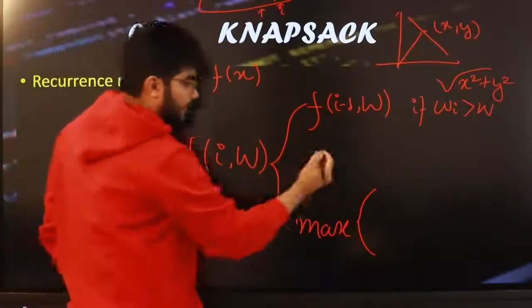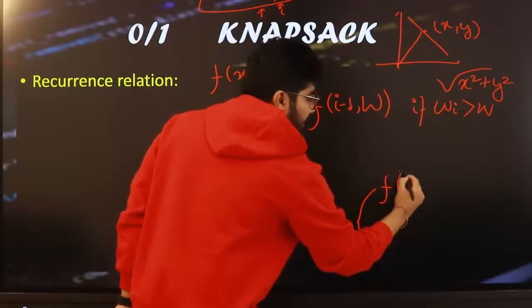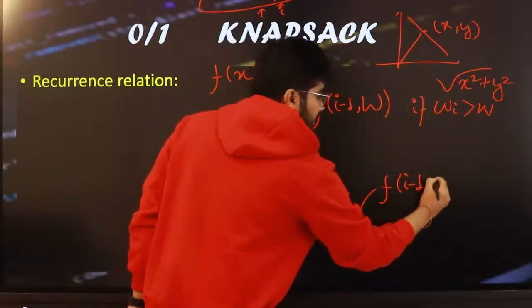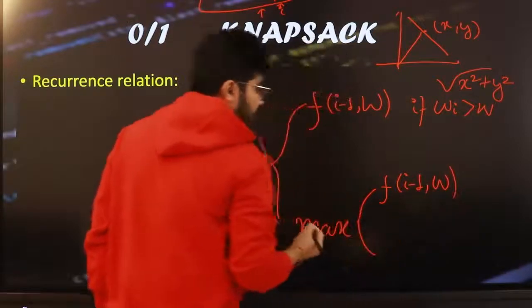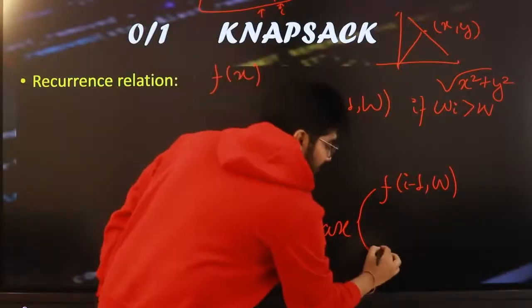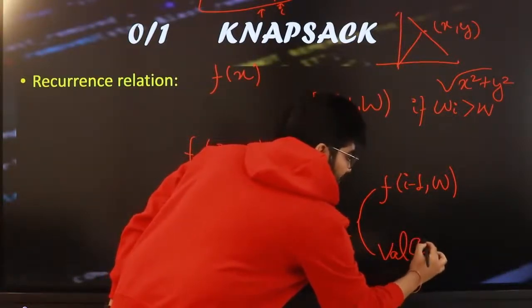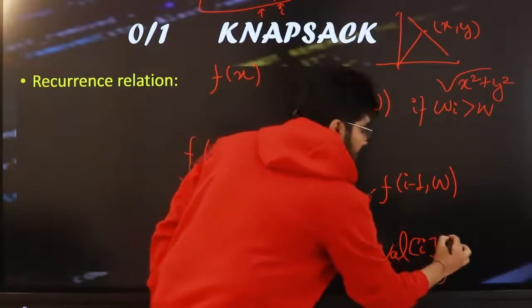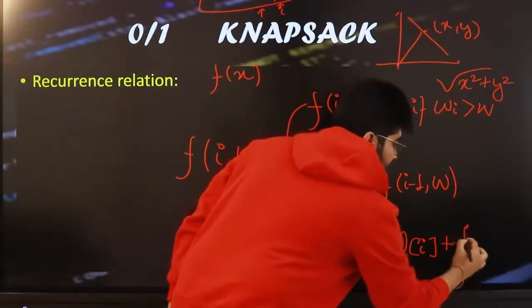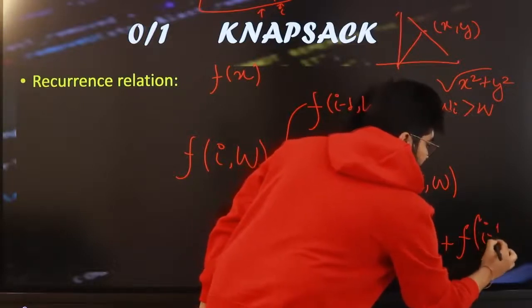If we don't include that particular item, then we'll simply move to the next item, and our weight will remain the same. But what if we include this item? If we include this item, then you will get the profit that we are generating from this item, plus you will check the rest of the items and your remaining weight.